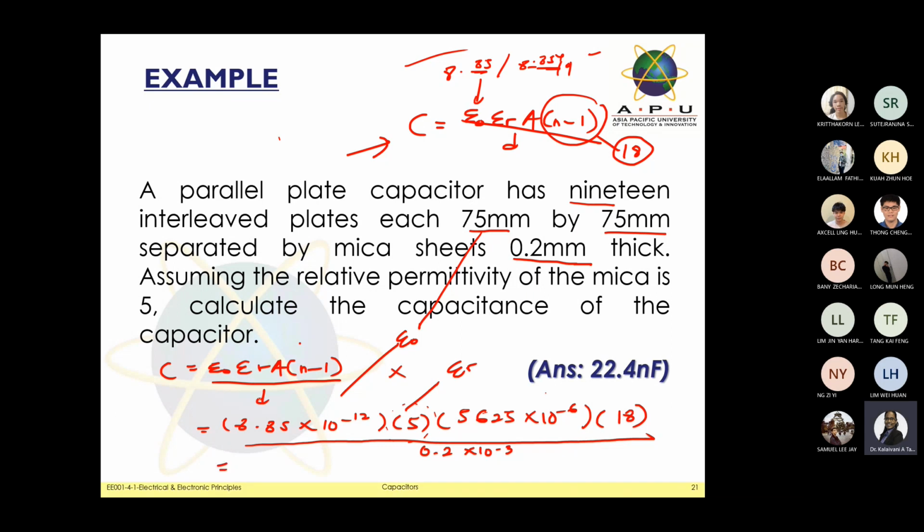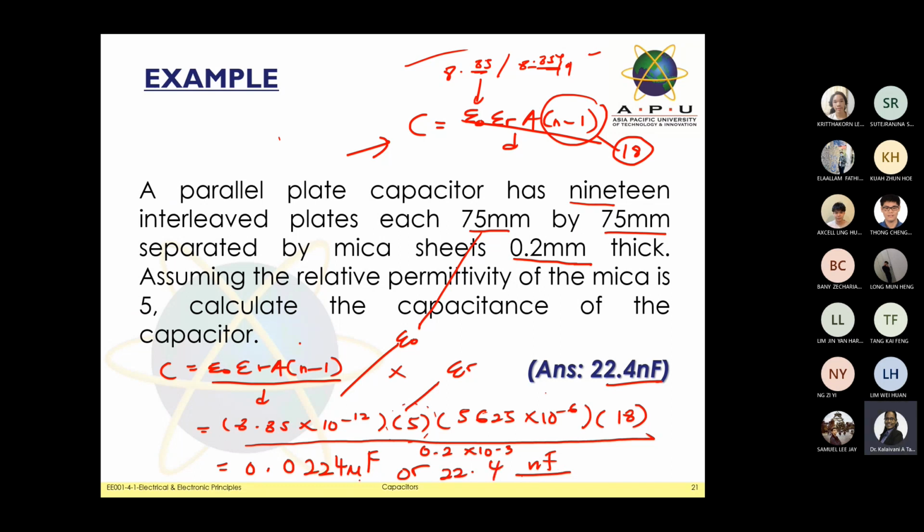So maybe some of you can provide the answer in this form: 0.022224 microfarad. Or you go on with your other answer, which is in nanofarad, because for capacitance we use farad. So this is the answer: 22.4 nanofarad.